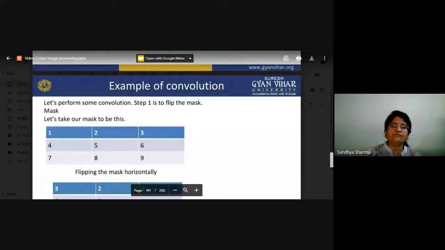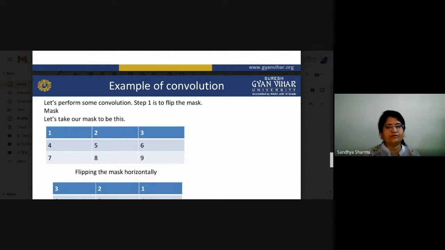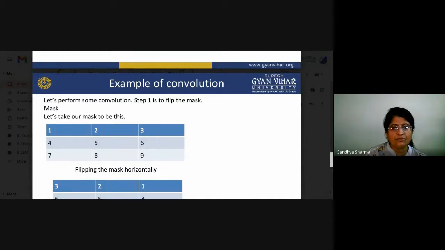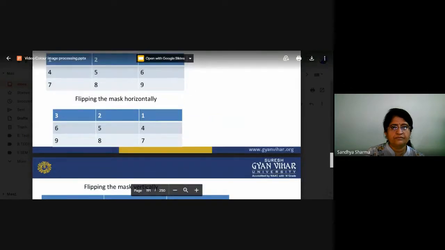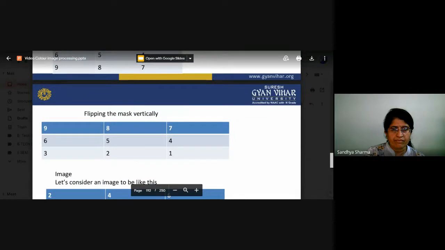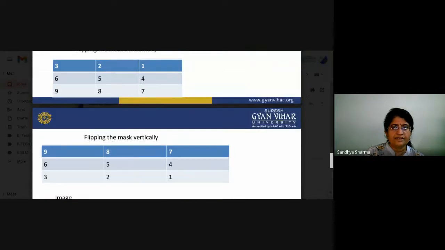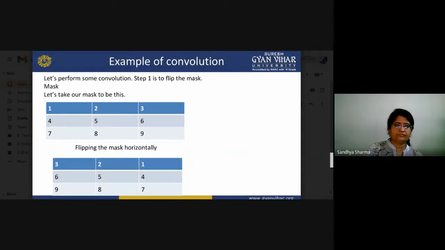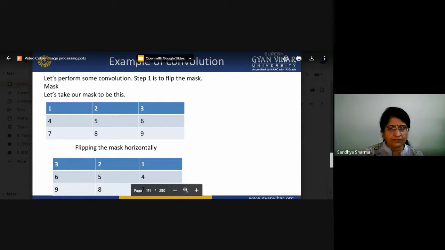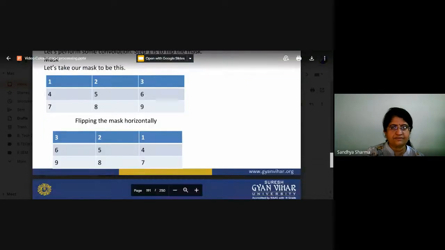This is an example of convolution. Let's take our mask to be 1, 2, 3, 4, 5, 6, 7, 8, 9. Flipping the mask horizontally gives 3, 2, 1, 6, 5, 4, 9, 8, 7, so we just shift the columns this way.